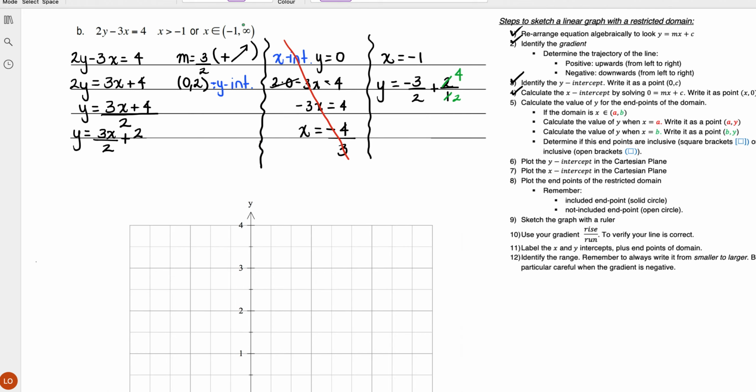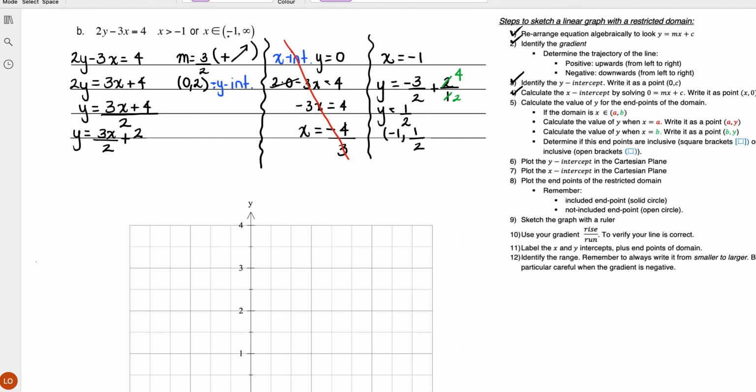So that makes 4, and y is going to be equal to 1/2. Okay, so when x is equal to -1, y is equal to 1/2.